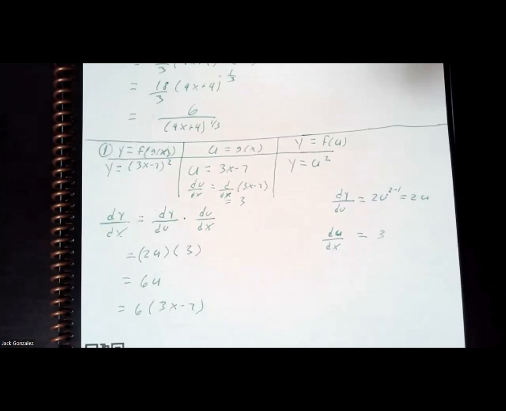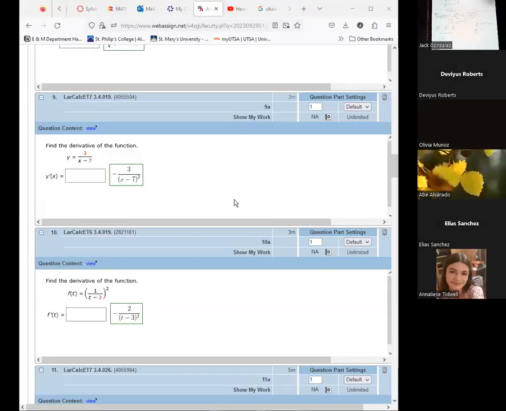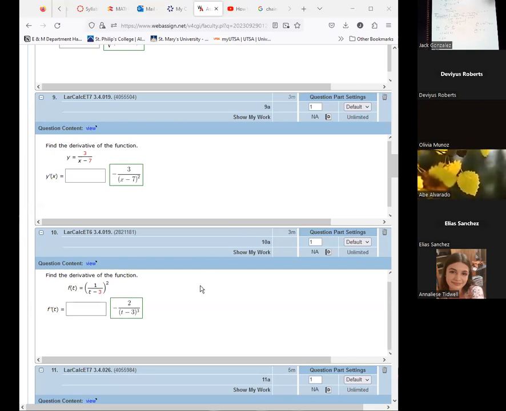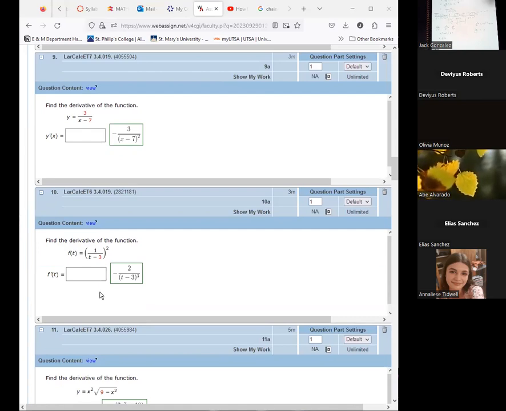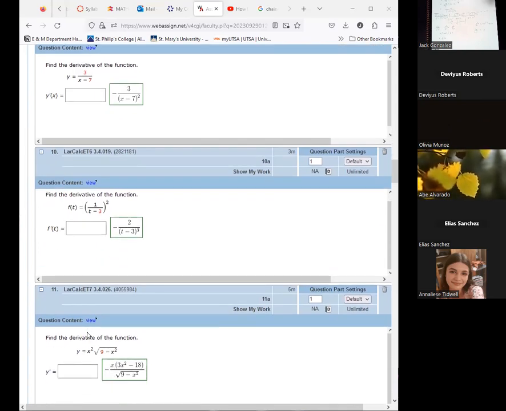All right. So let's look at harder versions of this. When you're doing the chain rule, you can sometimes have a quotient or a product rule trigger. For example, number 10 is going to be a chain rule, but when you do the derivative of the inside, you have a quotient.